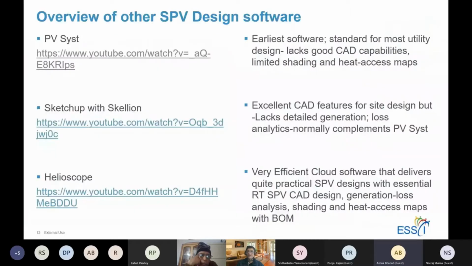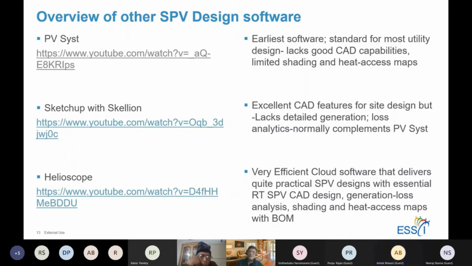The second software that I'll cover later in the day today will be SketchUp with Scala-ion, which will have excellent CAD features because it's primarily a CAD application, especially designed with a plugin for solar. That plugin is called the Scala-ion, and it gives you a very good site design, but then it lacks the detailed reports that you could get from a PVSys sort of an application.